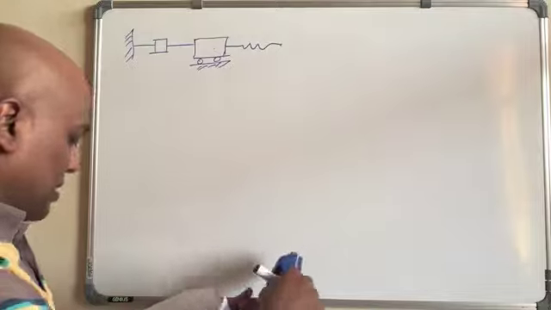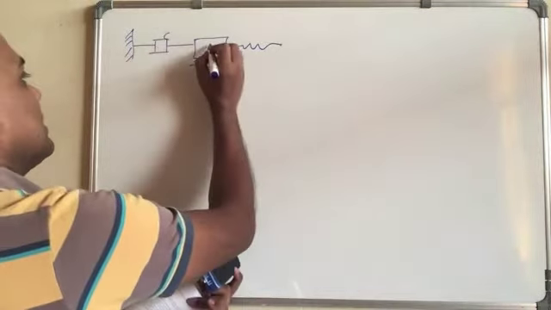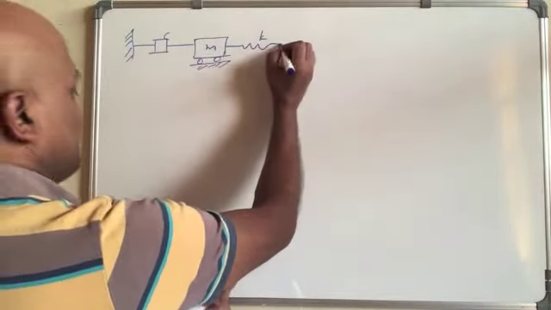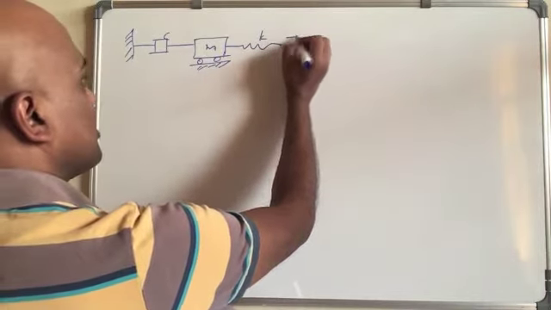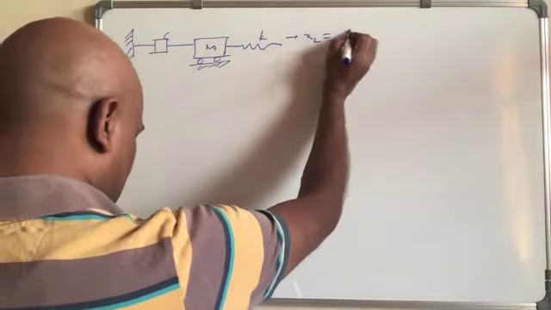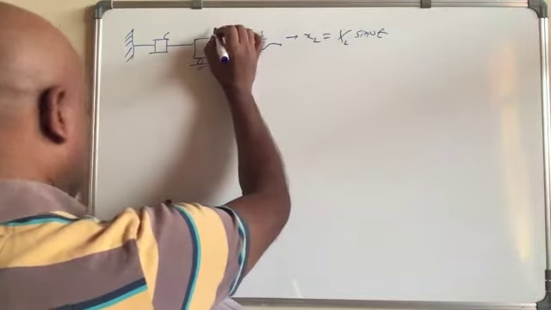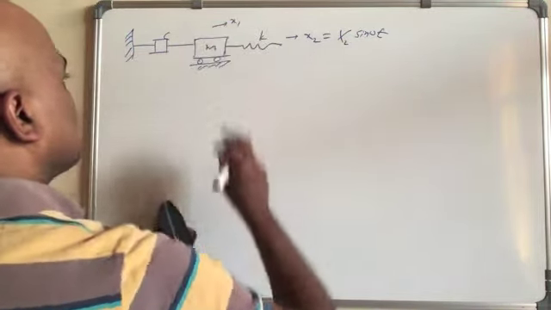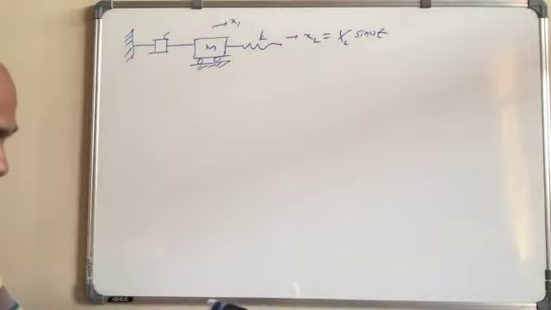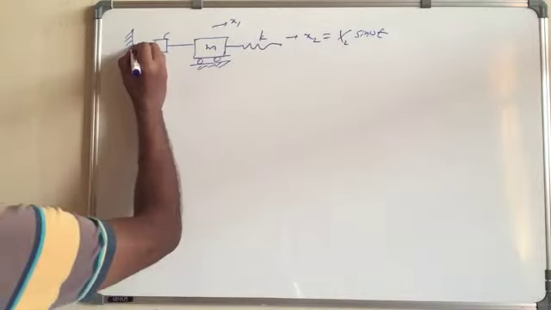The values are given: this is C, then M, and K is given, and x2 is given as x2 sine omega t, and this is x1, like this one. And what I asked was the force transmitted here.